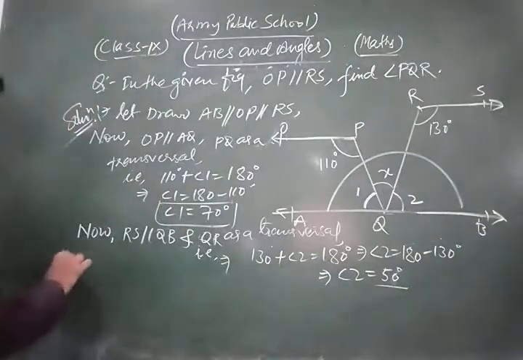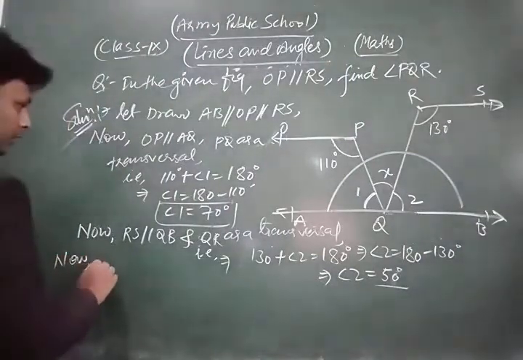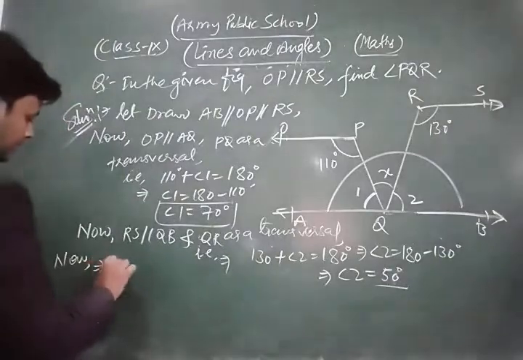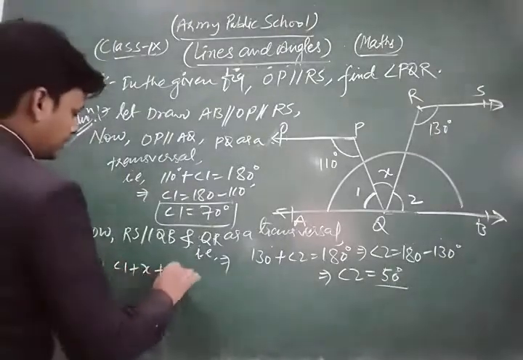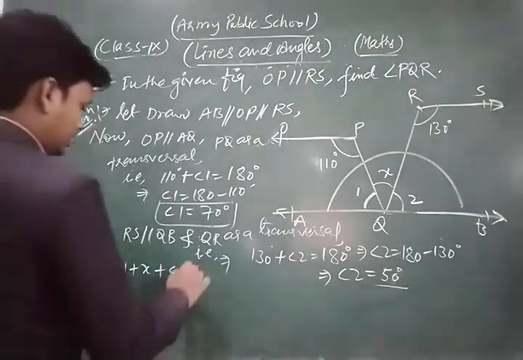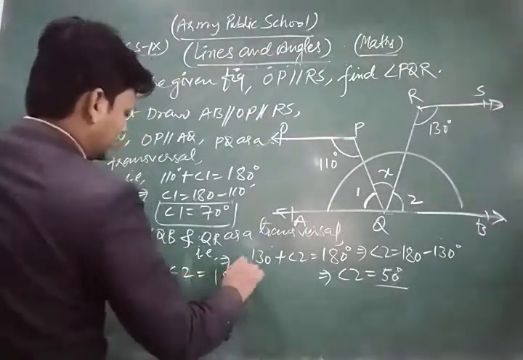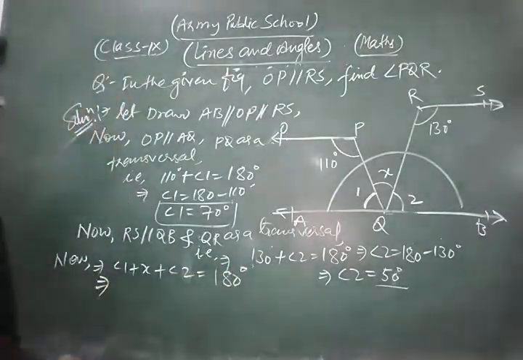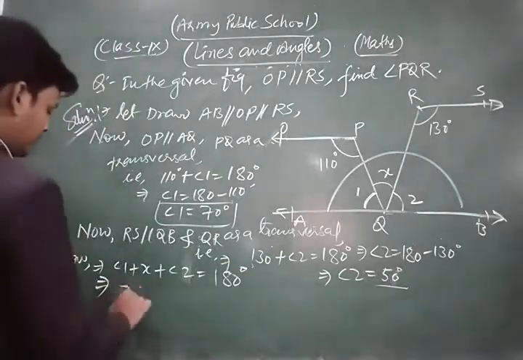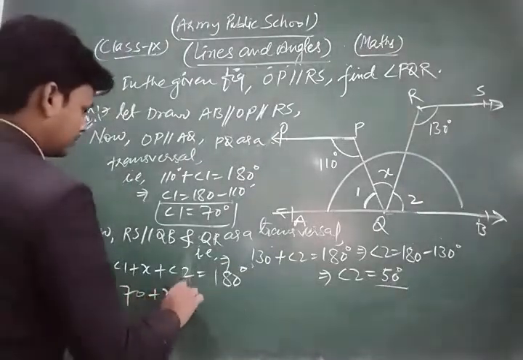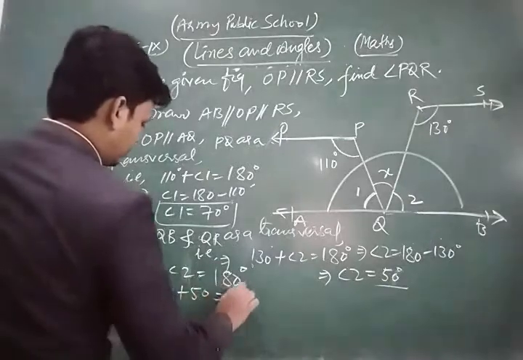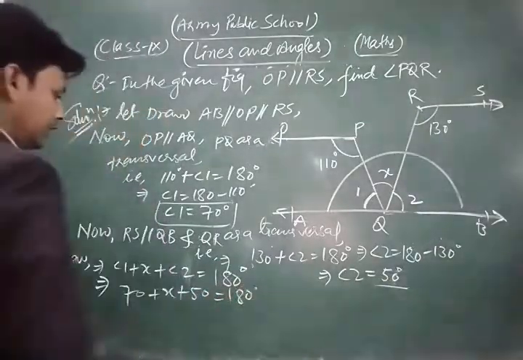Thus from the figure, angle 1 plus x plus angle 2 is equal to 180 degree. Now we put the values of angle 1 and angle 2. 70 plus x plus 50 is equal to 180.